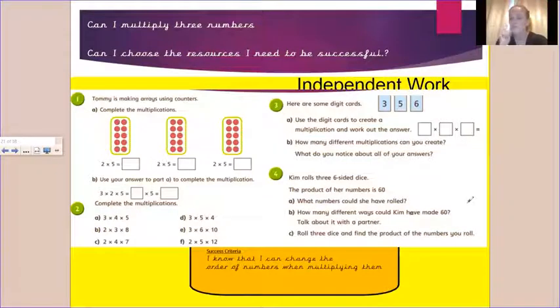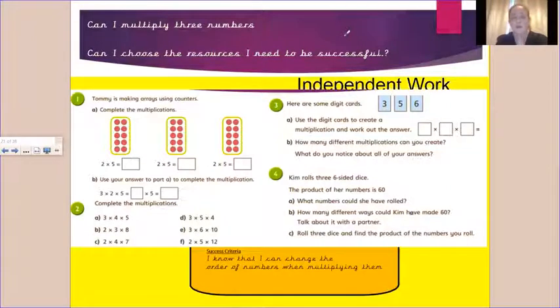And remember that a dice only goes up to a certain amount. So give that a think. Roll 3 dice if you have dice at home, and find the product of the number you roll. Remember, when you are doing the last question, that a dice only has 6 sides. It only goes up to 6.